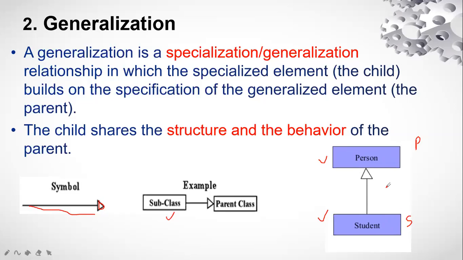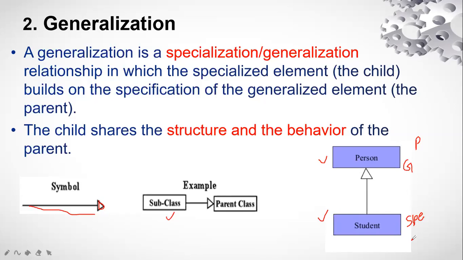Student is going to have all the properties of a person, and in addition to it he can have different and specific attributes also. So that means person is a generalization, a generalized class, while when we say student, student is a specialized class.